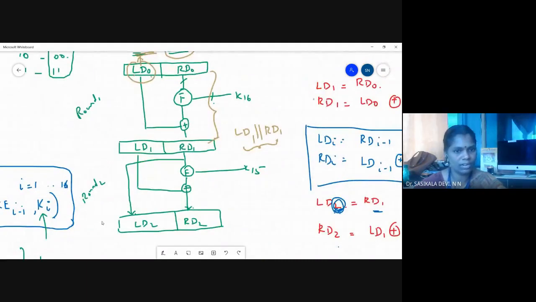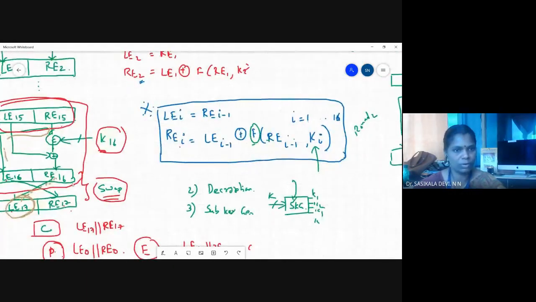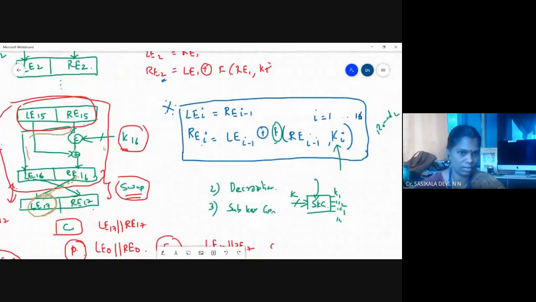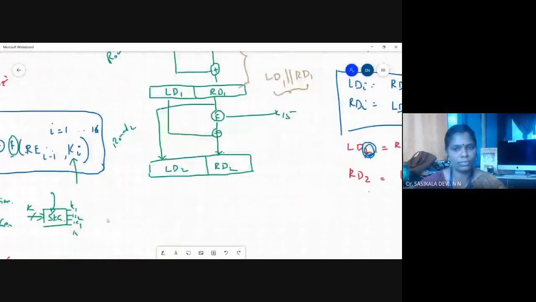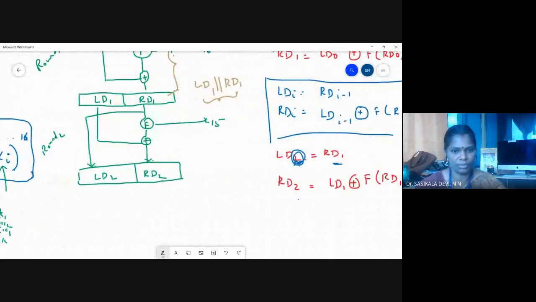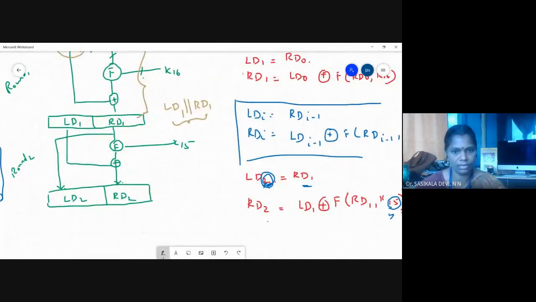So what is a final round encryption? This is the final round encryption. You are undoing the effect. That means you are expecting LE50, RE50 at the end of the first round. LE15 added with RE15.